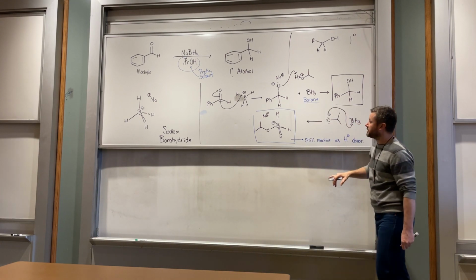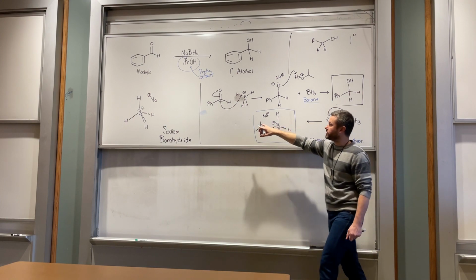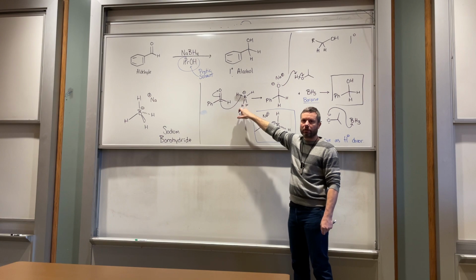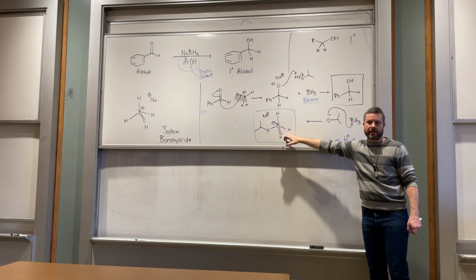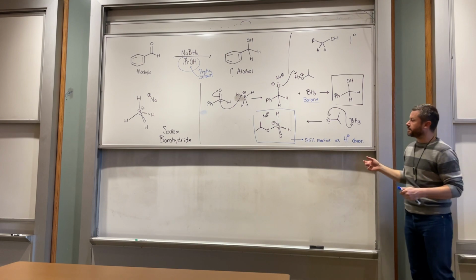And what that does is it reforms a hydride donor. So you can see our hydride donor in the first step is BH4, and here it's BH3 with an alcohol attached, and this is still going to be able to deliver a hydride, H minus.